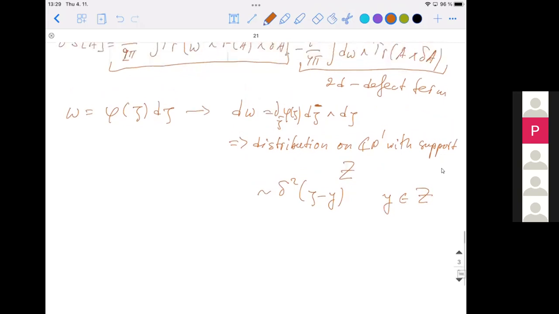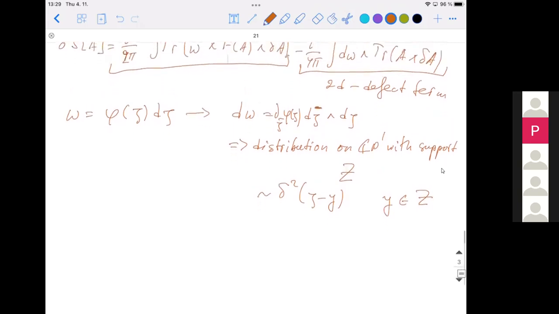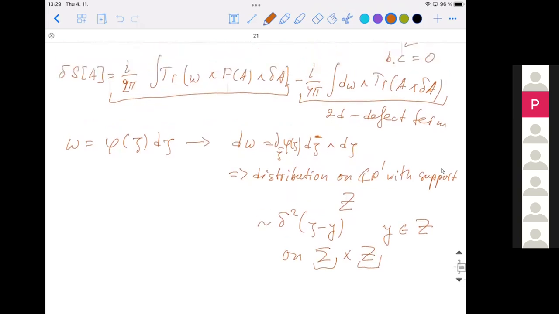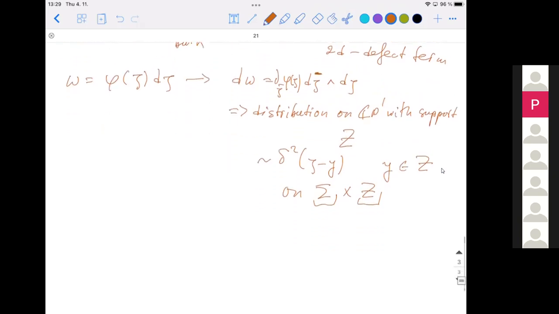So this two-dimensional defect term is on sigma times zeta, where sigma is the two-dimensional part and zeta is the poles of omega. And from the bulk term, we read off the equation of motion, which is just omega times F_A equals 0.